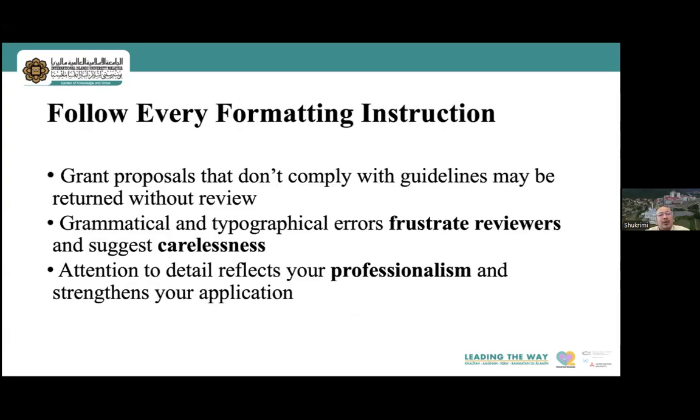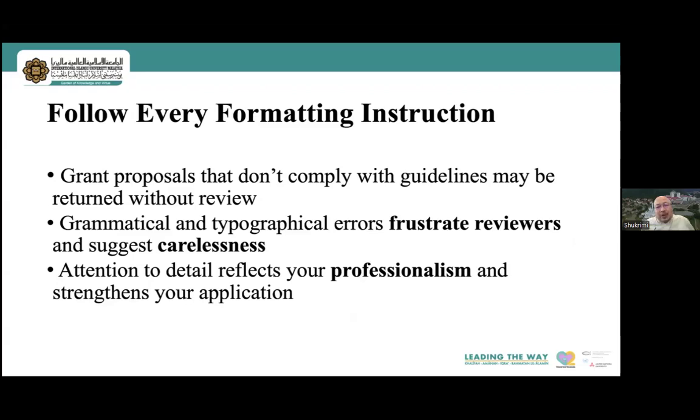And this is very important, that we have to follow strictly every formatting instruction. A grant proposal that doesn't comply with the guidelines may be rejected without review. Even something as simple as grammatical and typographical errors may frustrate the reviewer and suggest carelessness. So sometimes we just write everything, and then when the reviewer reads it, there are typo errors. This shows that before you get the grant, you are already not so concentrated, you are careless.